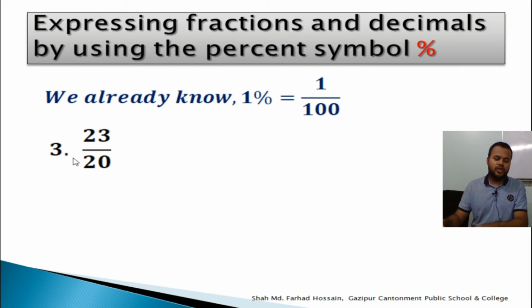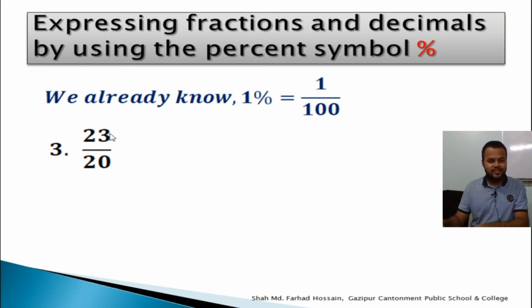Now try another one, number 3. Here we are given a fraction, 23 by 20. But in our previous two given fractions, there was 100 in the bottom, the denominator. In this given fraction we are given 20.